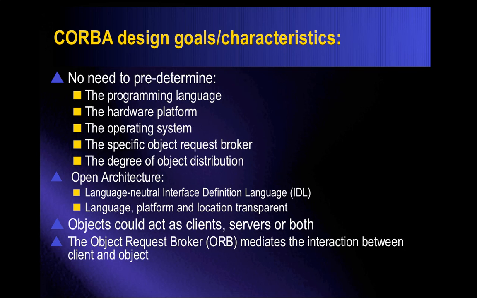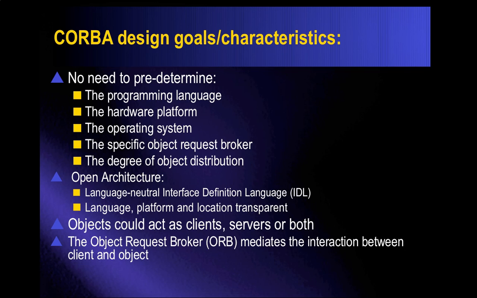You install the hardware platform itself, the operating system itself, with no need to predetermine anything. You just build the application, then decide on all of the details of the implementation. It made it more flexible, extendable, and easy. With specific object request brokers, there's no degree of object distribution that needed to be known.